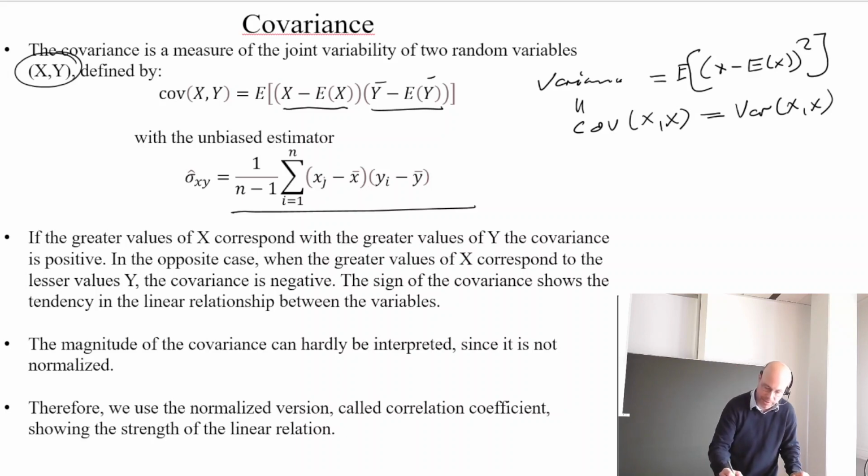And remember, again, we have also this factor 1 over n minus 1 in front of the summation that we have found also already as the best estimator for the variance.